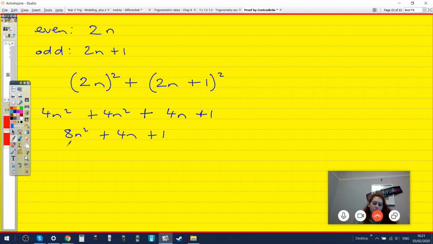So how would you show that you get one more than a multiple of 4? Could we factorize it into brackets? Yes. So what would that be? Can we stick 2 on the outside? That would be to show that it's a multiple of 2.